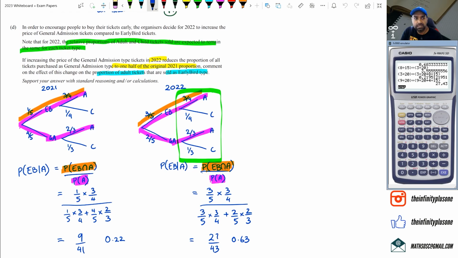As you can see, the probability of early bird, given that they're an adult, has now gone to 0.63 compared to 0.22. So we're going to write a little statement that says this changes the proportion of adults buying early bird tickets.